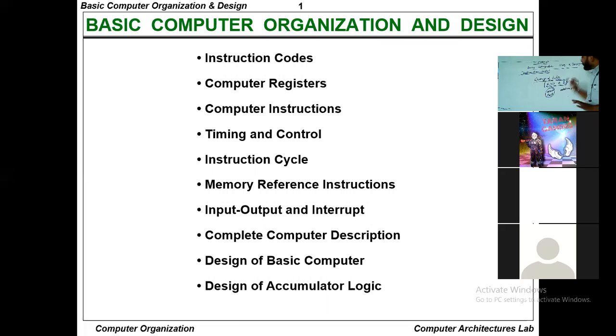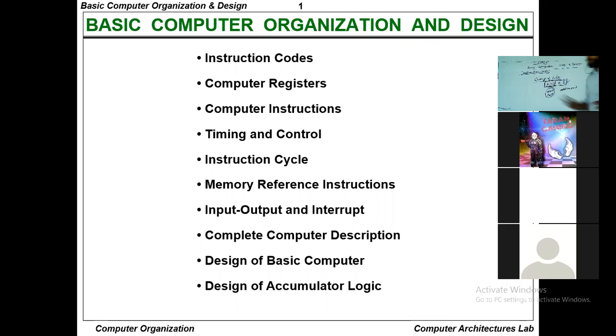And the meaning of this instruction in assembly language: add the content of register A with the content of register B. And here ADD is the operation code.